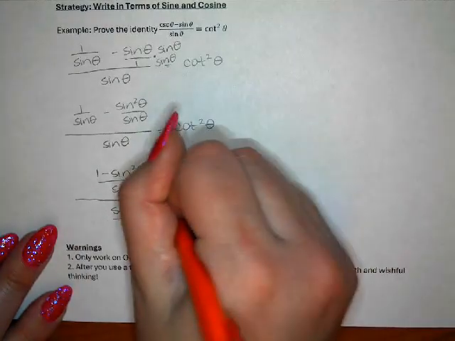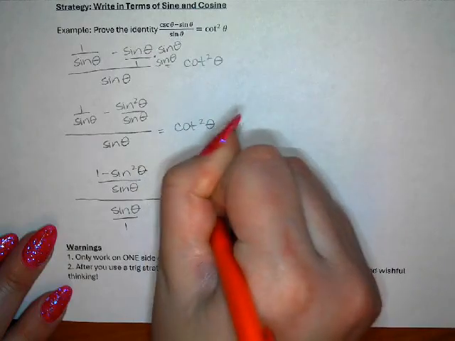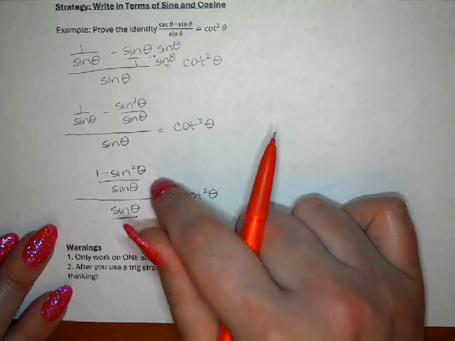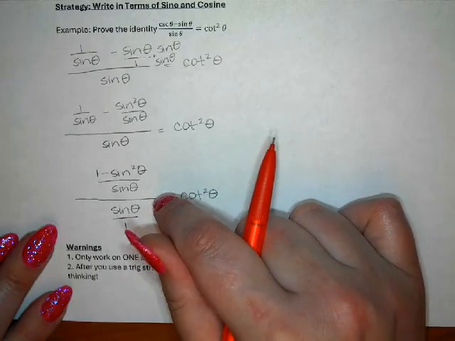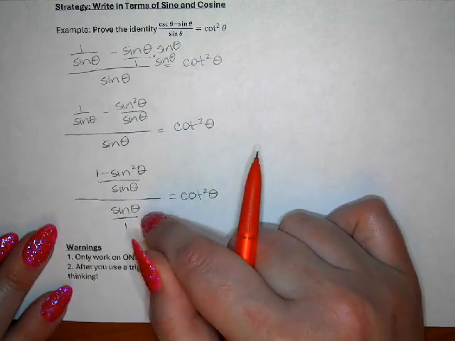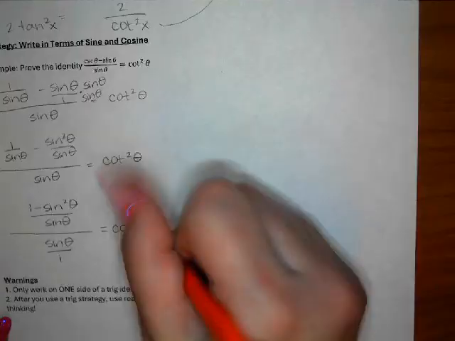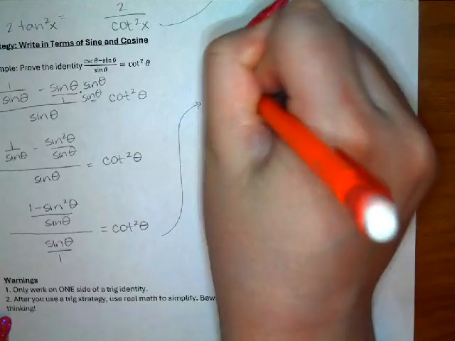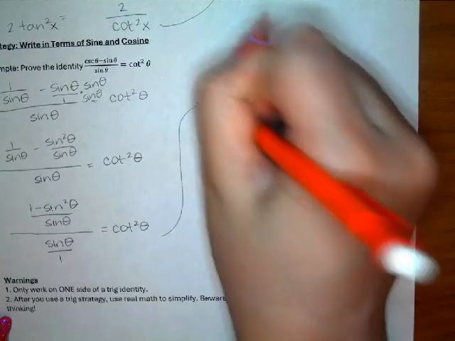And what I'm going to do now is take this fraction and multiply it by the reciprocal of the bottom fraction. So I'm going to have 1 minus sine squared over sine times 1 over sine.